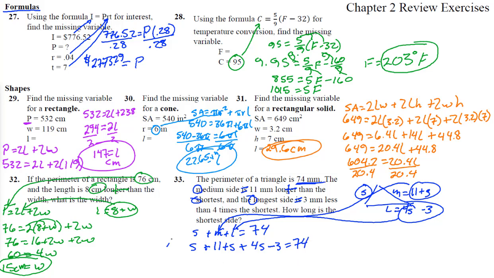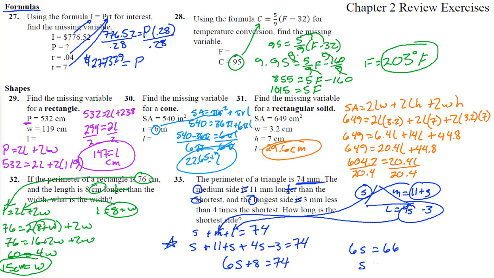Whew. Look, we now have a math equation. That's 6 S's plus 11 minus 3, that's plus 8 equals 74. Subtract 8 from both sides, and it's 6s equals 66.